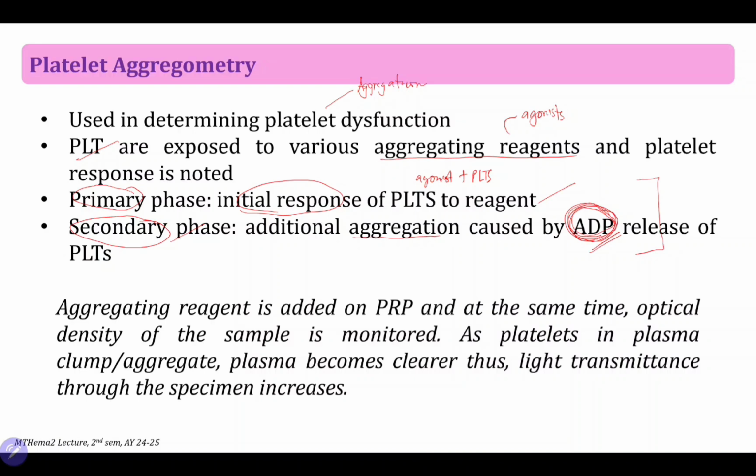Now, the principle of this test is that your aggregating reagent, your agonist, is added to platelet-rich plasma, and at the same time, the optical density of the sample is monitored. As the platelets in plasma clump or aggregate, your plasma becomes clearer, thus there is increased light transmittance.